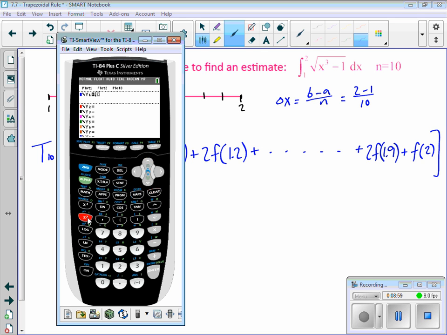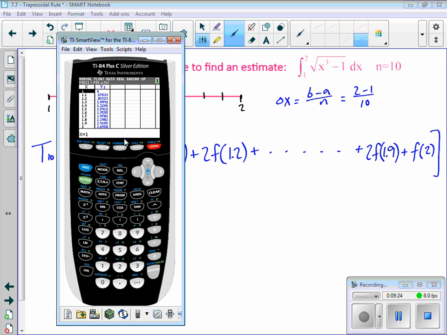So we've got square root of x cubed minus 1. Make sure it's all underneath that square root. And then I would look at what, do you think? Table. What would I start at? 1 and go by 0.1s. And then it gives you all of those values to pull from.